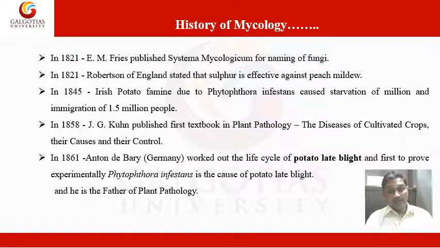Means Anton de Bary identified the causal organism of late blight of potato, which was responsible for the disease, that is Phytophthora infestans. It is a kind of fungal pathogen, and he is considered the father of plant pathology also.